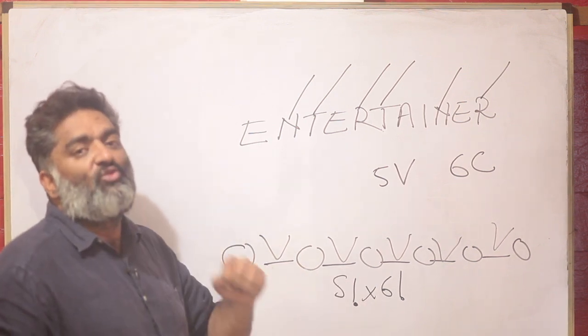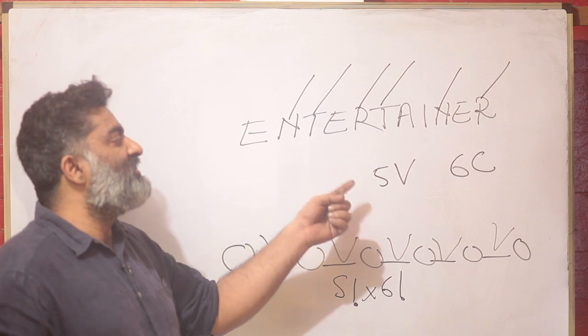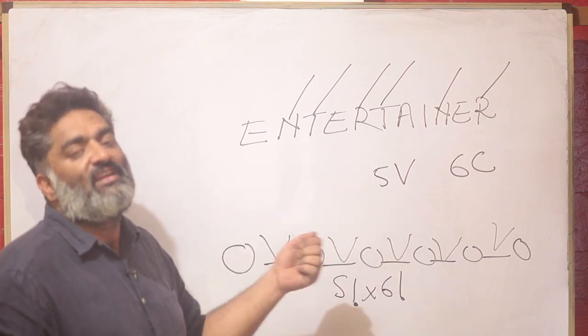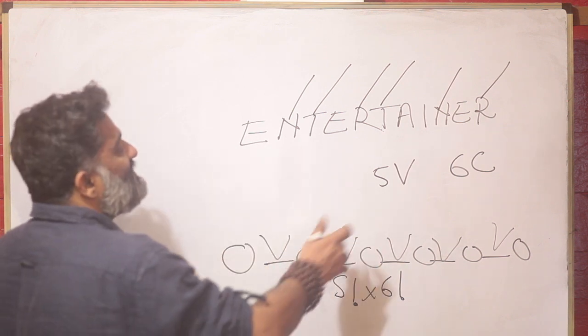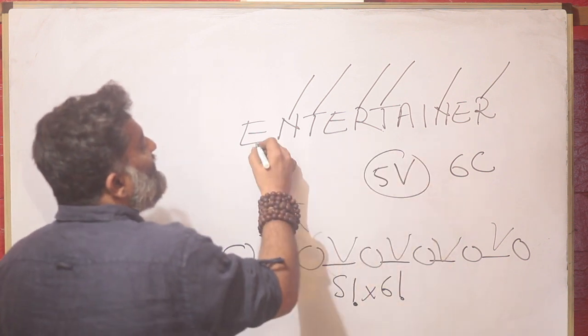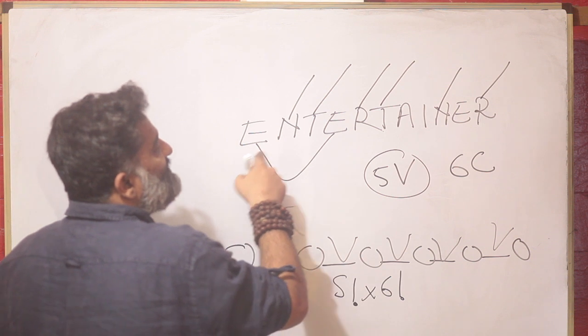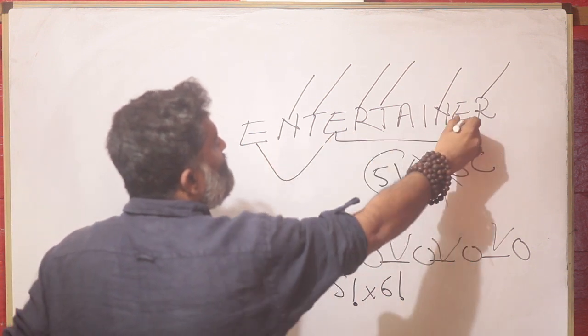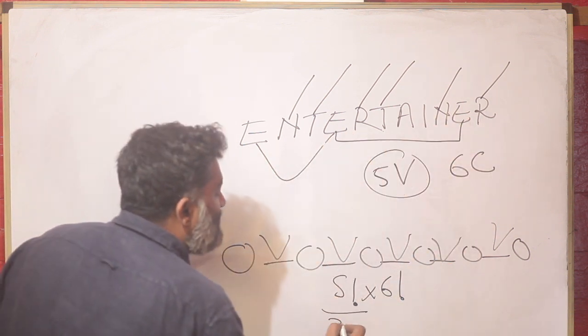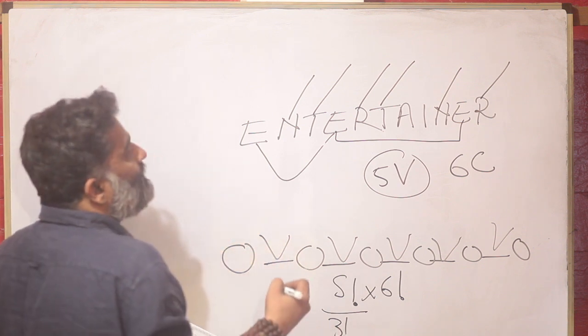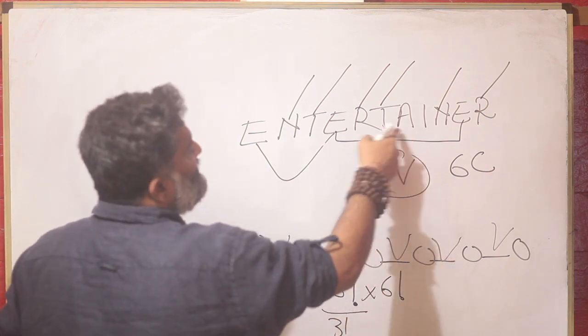I have to worry about one more thing because we are dealing with letters and there might be some repeating letters also involved. So let me think of the vowels first. There is an E repeating, and it is happening once, twice and one more time. So there should be a 3 factorial. There is an A but it is not repeating.